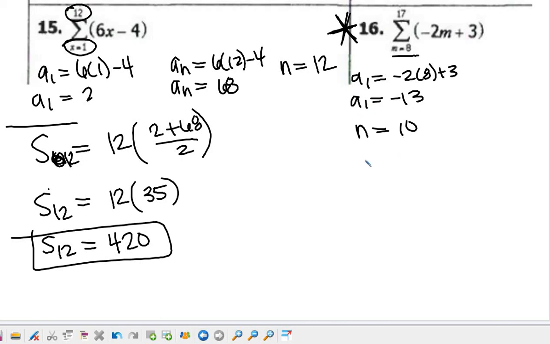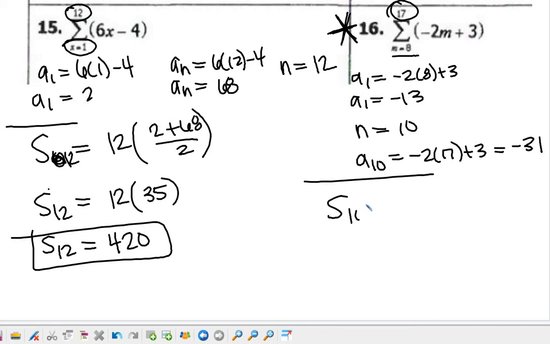So that means that I'm looking for a sub 10, which is where I plug in the last term number, which is 17. So negative 2 times 17 plus 3 is equal to negative 31.